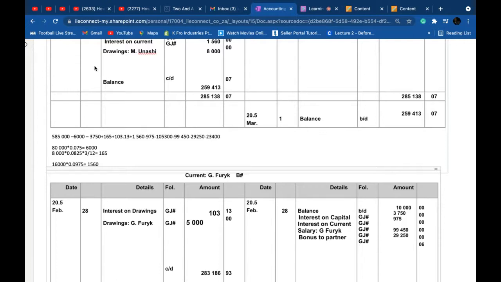And finally, how much do we have left over to share between the partners? 318,703 rand and 13 cents. Thank you very much.